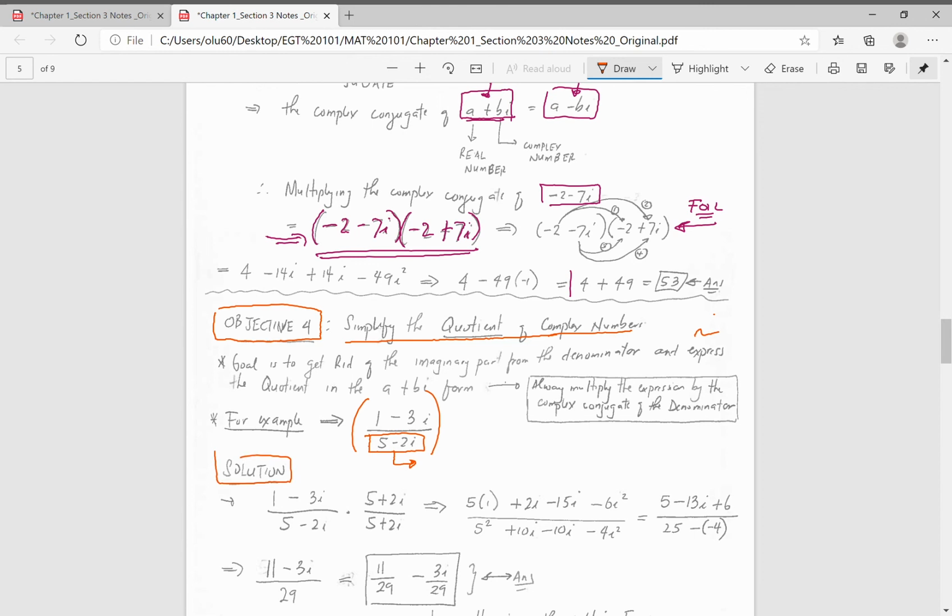We have 1 minus 3i divided by 5 minus 2i, and the complex conjugate, which you're going to multiply this expression by, is 5 plus 2i divided by 5 plus 2i.